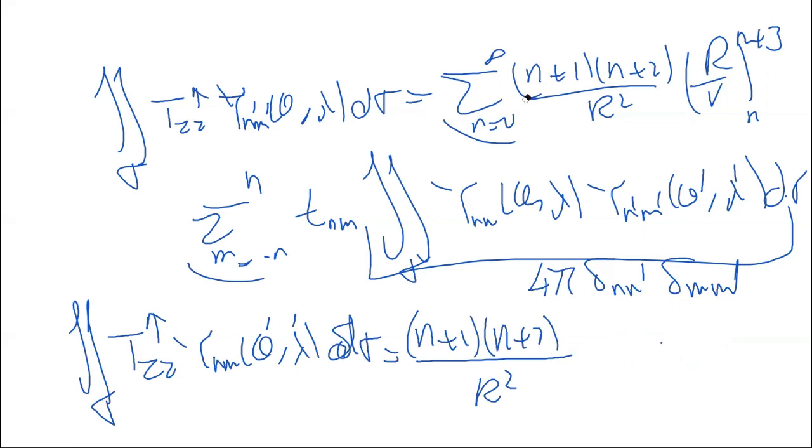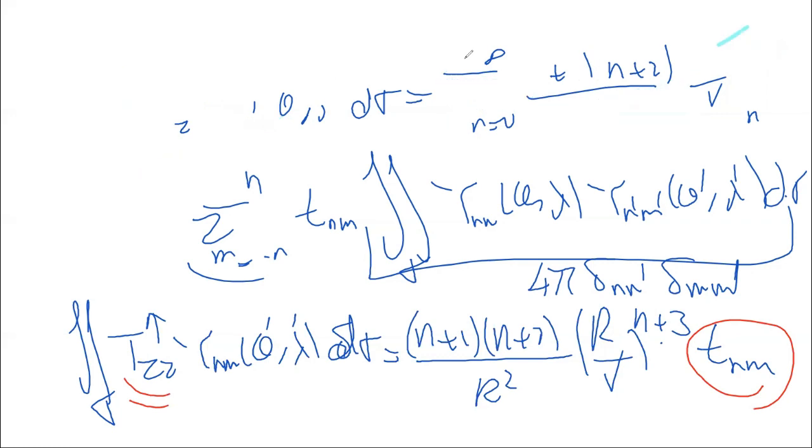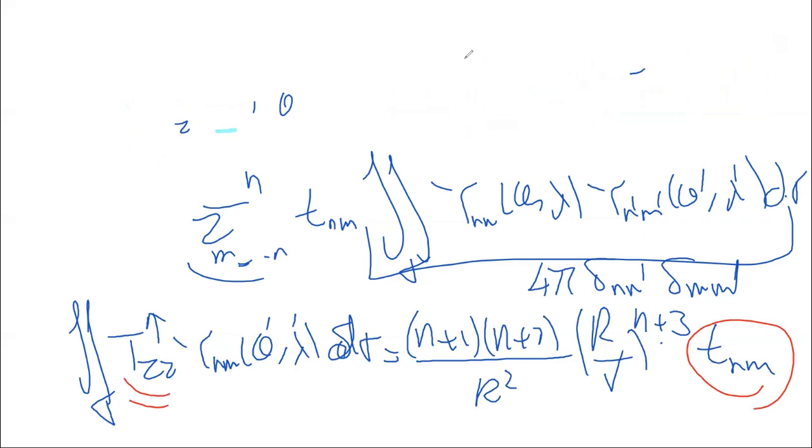R over n plus 3 and TNM. So what we needed is the spectral solution. We need TNM. And on the other side we have the second order derivatives. So solution of this equation for T and M will be what we needed actually.